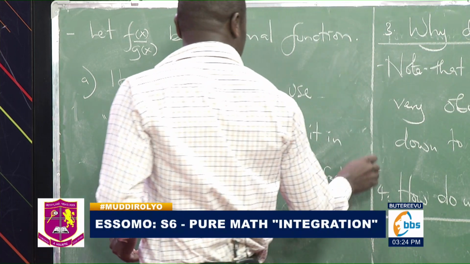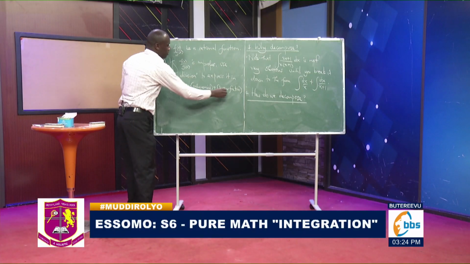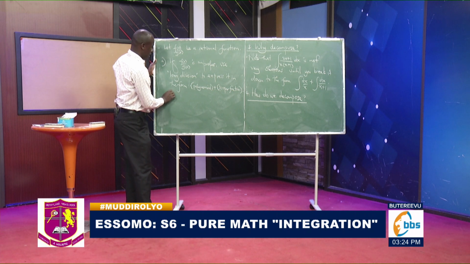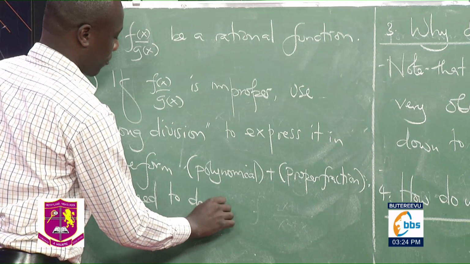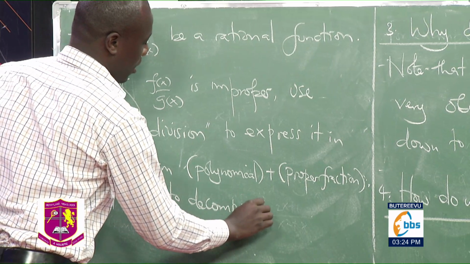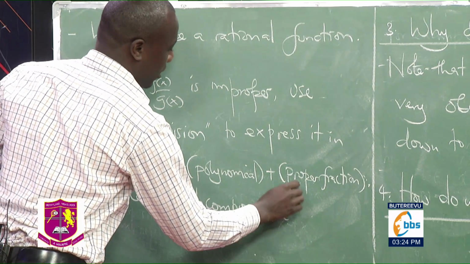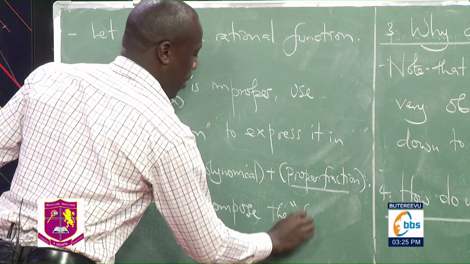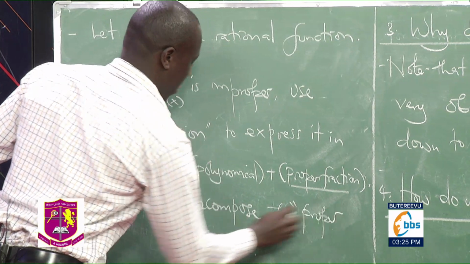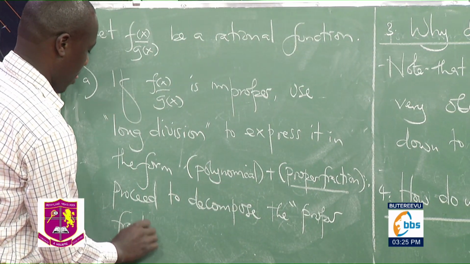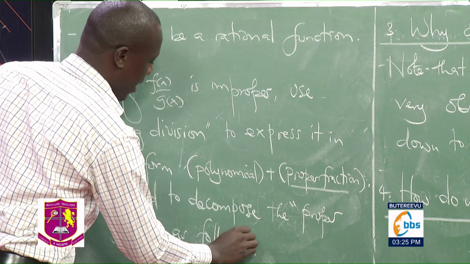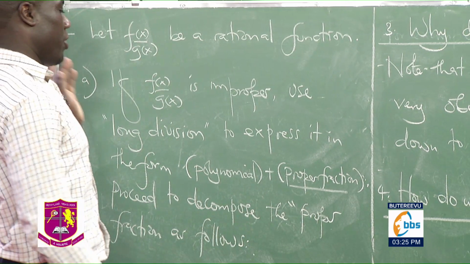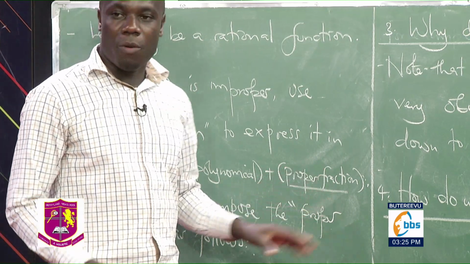Now, after expressing it in that form, then you proceed to decompose the proper fraction, this guy here, as follows. So basically, we apply the decomposition algorithm on a proper fraction.